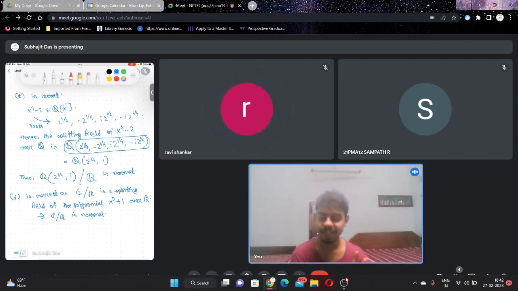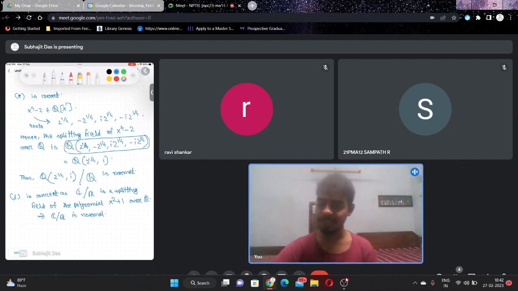Precisely because this irreducible polynomial over R is also a polynomial over C, and since C is algebraically closed, every non-constant polynomial over C will have all its roots in C.